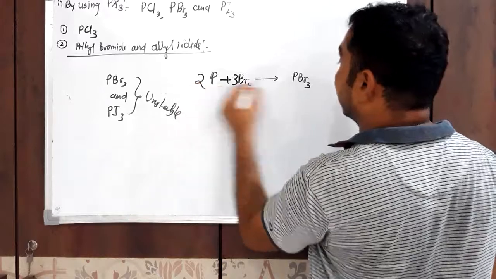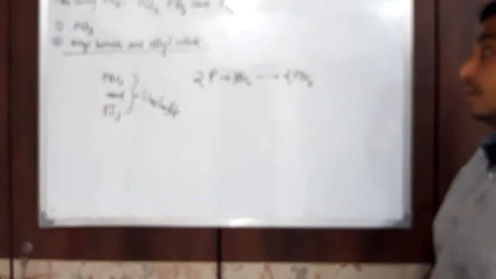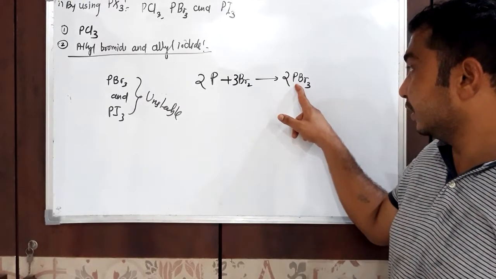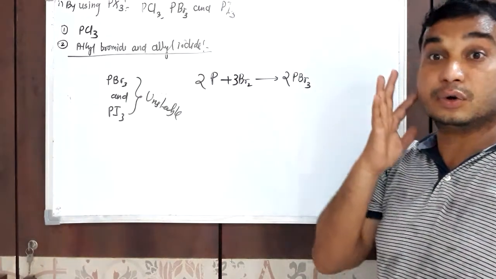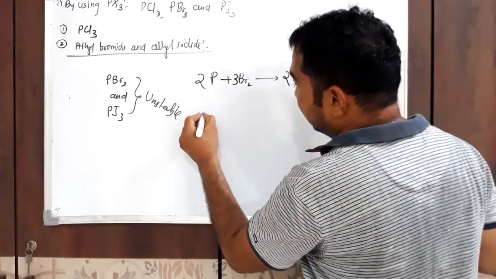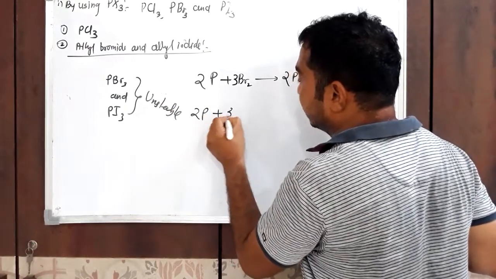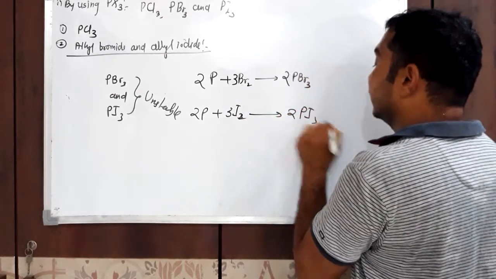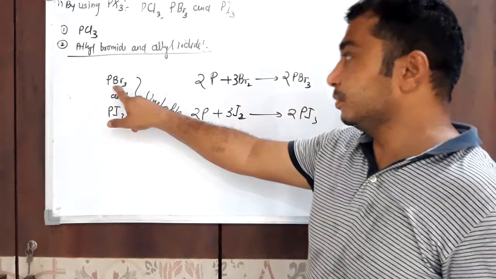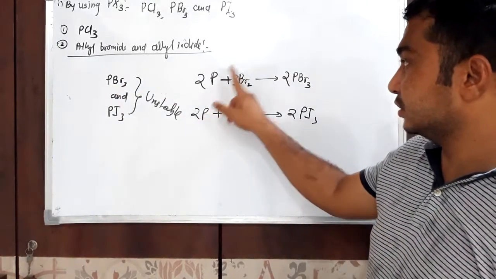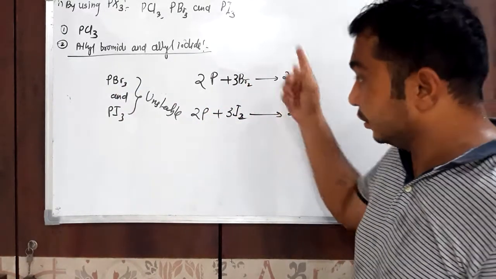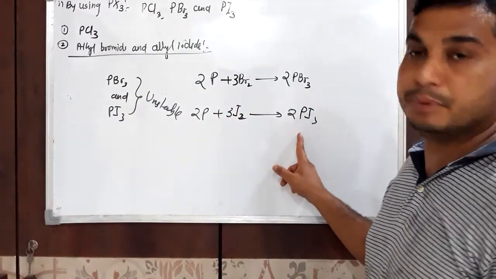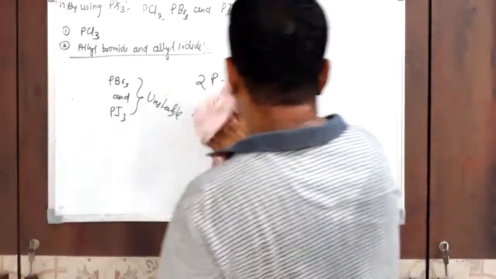The phosphorus element reacts with bromine directly to give PBr3, and then PBr3 reacts with alcohol. Similarly, phosphorus reacts with 3I2 giving 2PI3. To prepare PBr3 we first react phosphorus and bromine. If you want PI3, phosphorus reacts with iodine. These are the reactions we have to use.